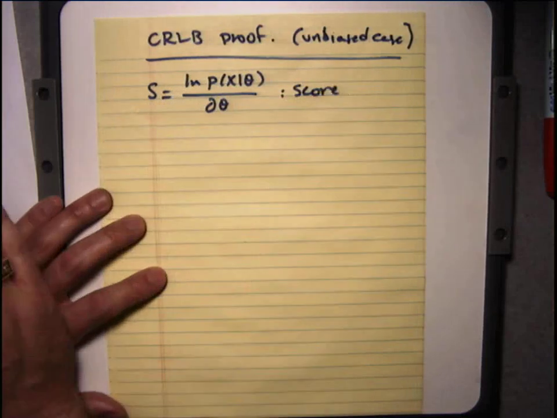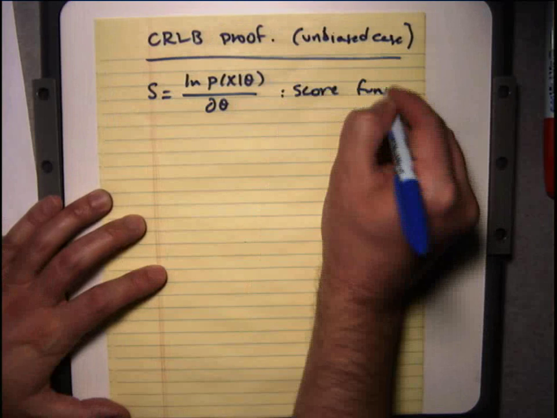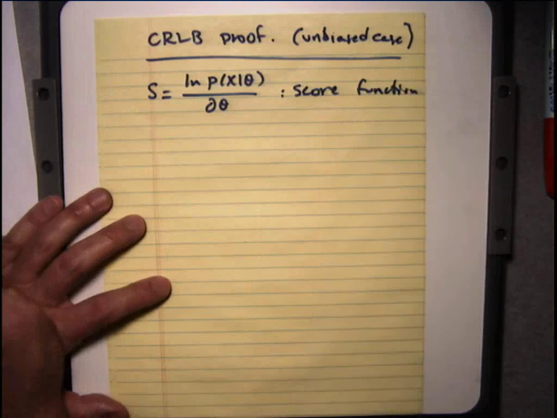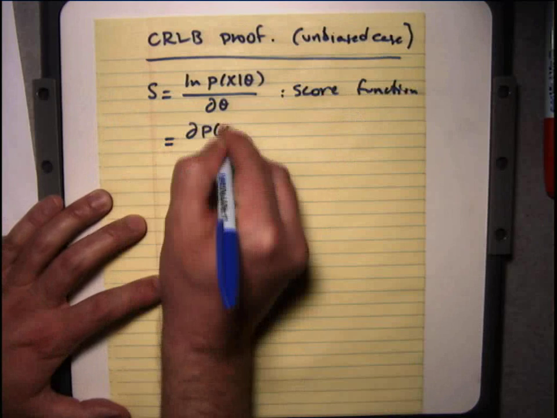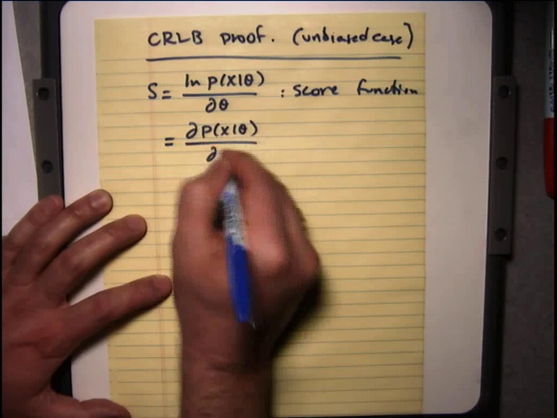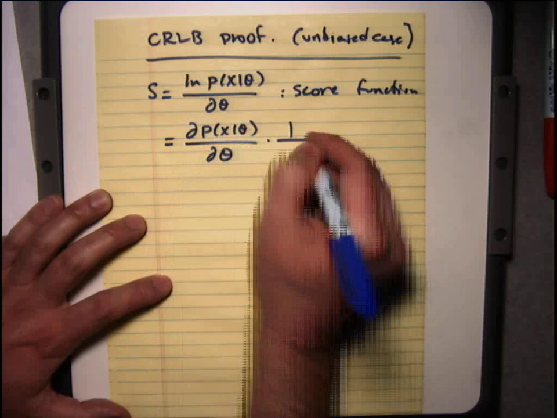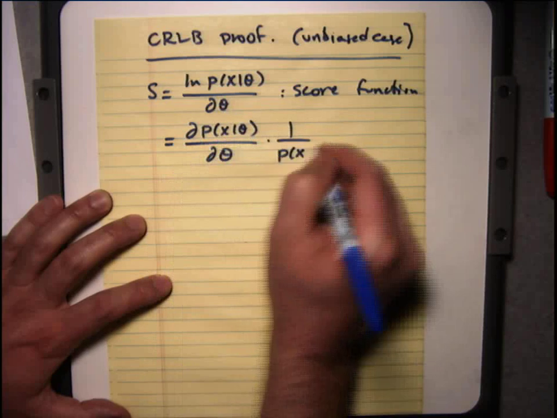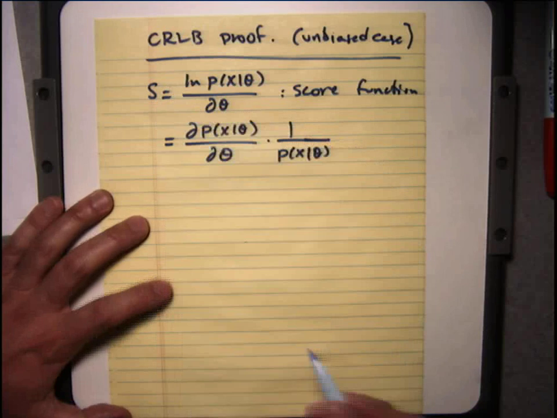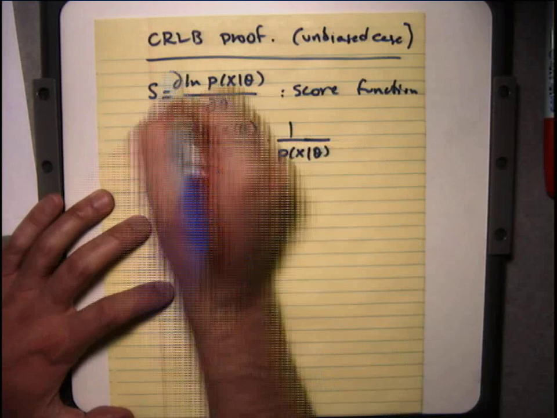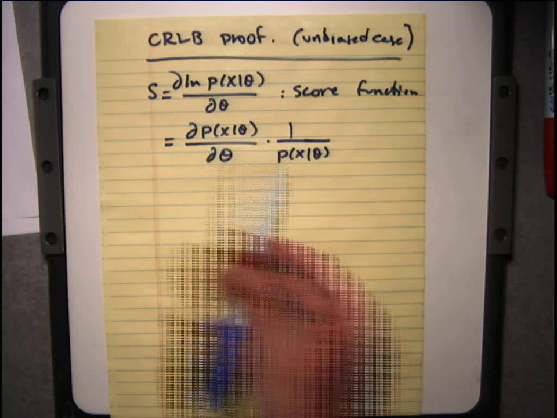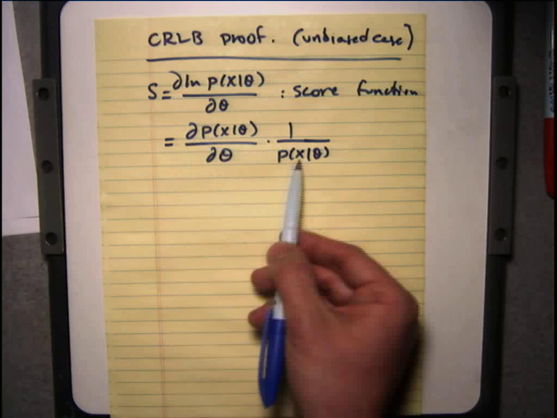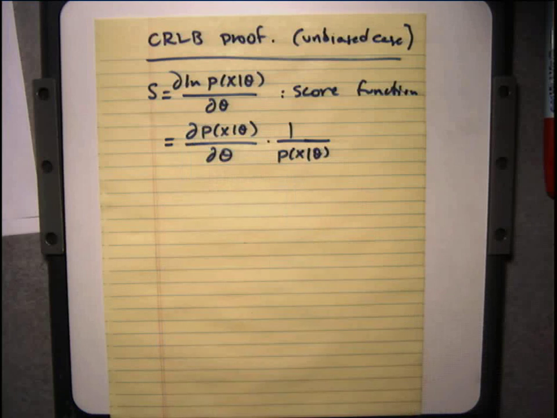This is just a definition. Another way to write this is dp d theta times 1 over p of x given theta. Right? Derivative of the log. Oops, there's a partial derivative here. The derivative of the log is just the derivative of the function inside the log divided by the function.